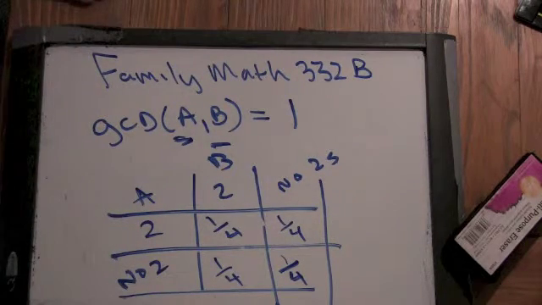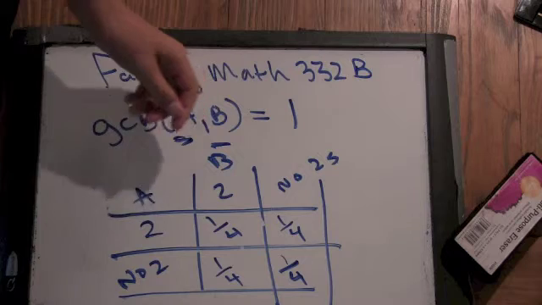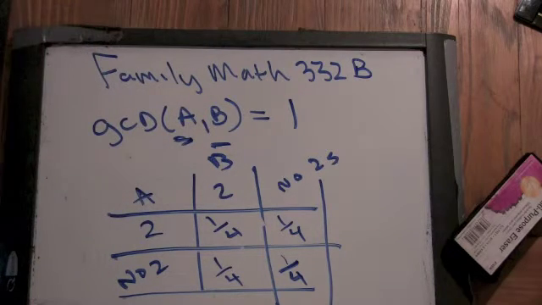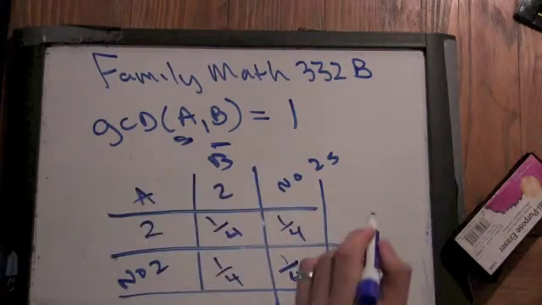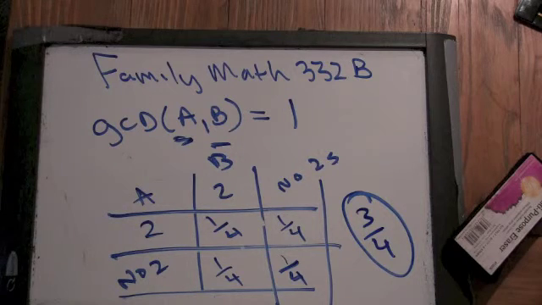So what do we need to have happen for 2 to not be a common divisor? Well, you need there to be either no 2s in one of them or no 2s in both of them. Okay, so what's the probability? 3/4. Okay, now we'll go ahead and look at no 3s.